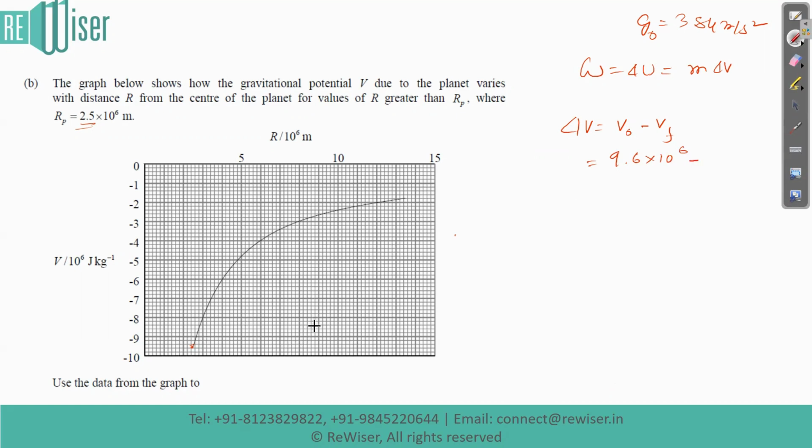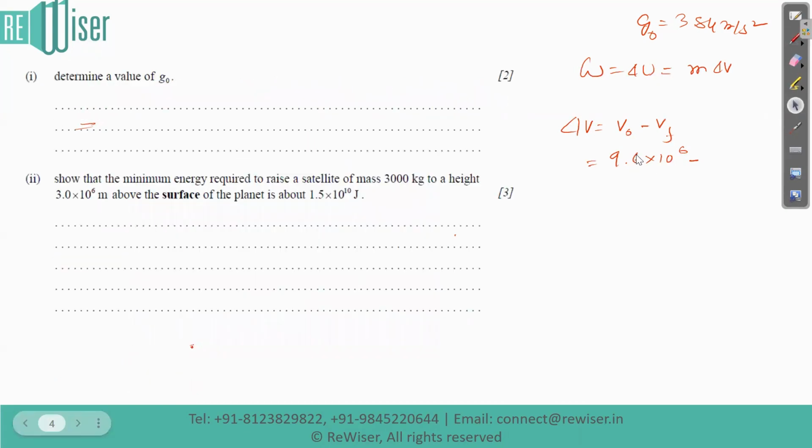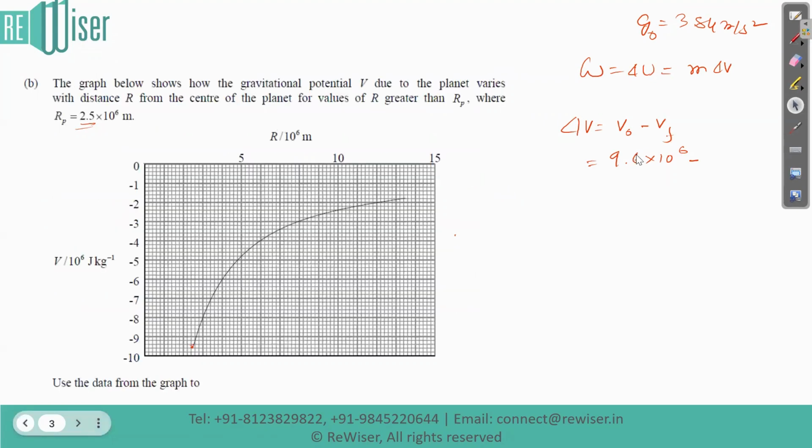Now, you see, they have particularly told 3 into 10 to the power 6 meters above the surface. That means from this point onwards, you have to add 3. So here it will be 2.5 plus 3, which is going to be 5.5.